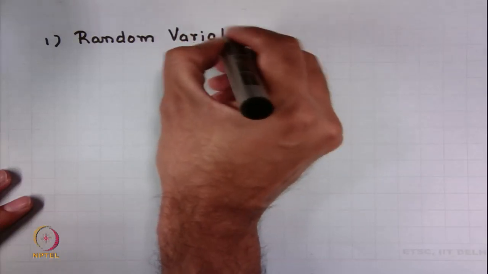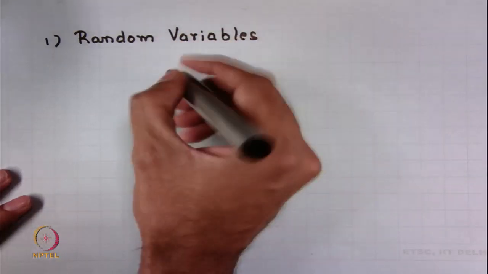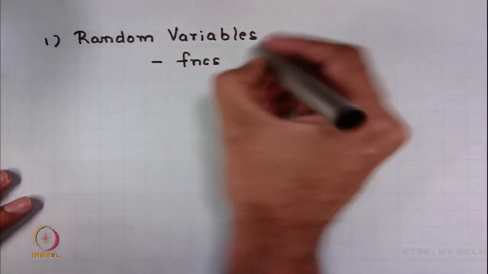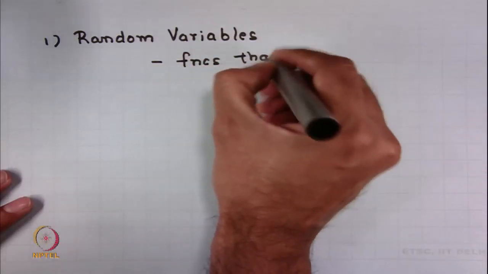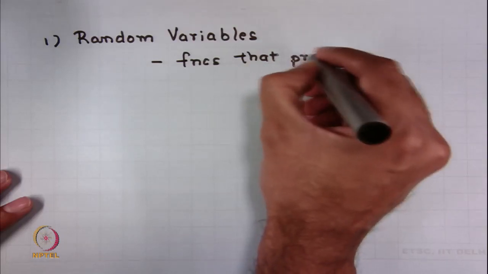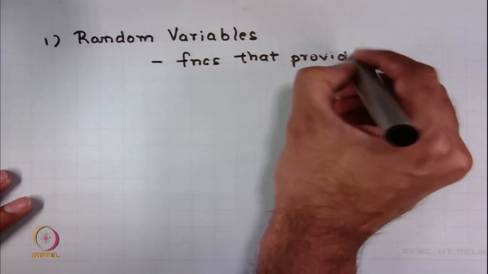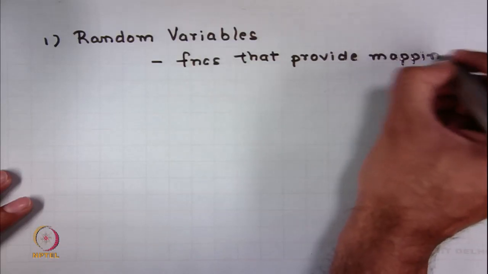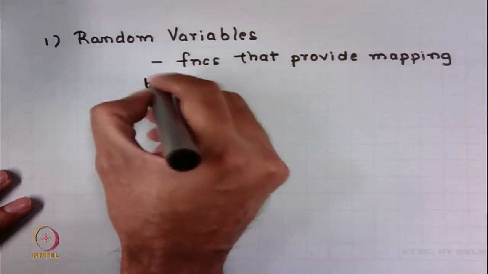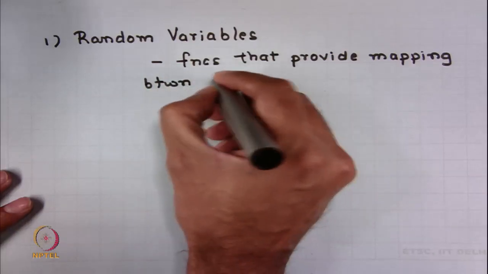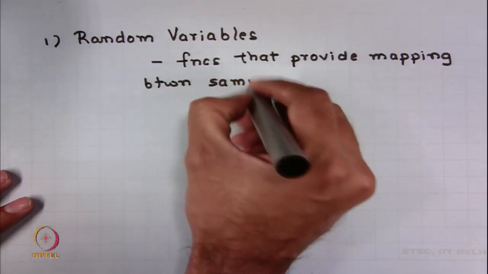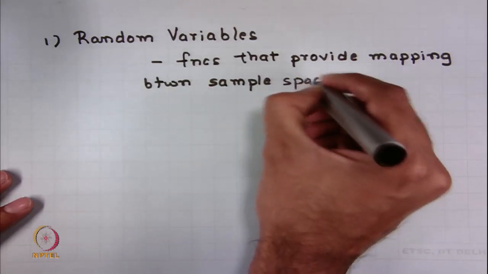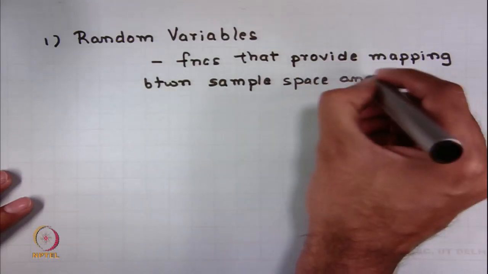and we have said random variables are functions that provide mapping between sample space and the set of real numbers.